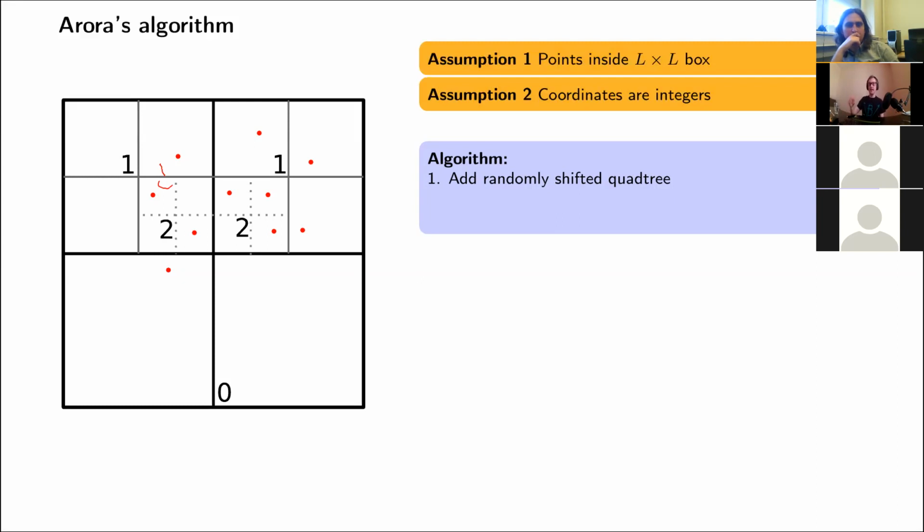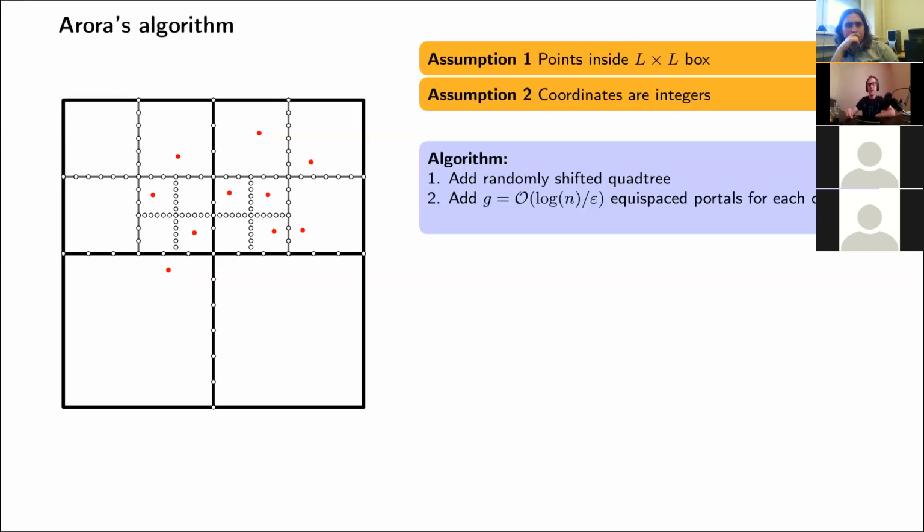Okay, and then comes the ingenious part of Arora, which is to introduce something called portals. On each cell border, he puts log n over epsilon portals. Here he will put log n over epsilon portals, the granularity that I call G. Here it will be G portals for each level of the quadtree.